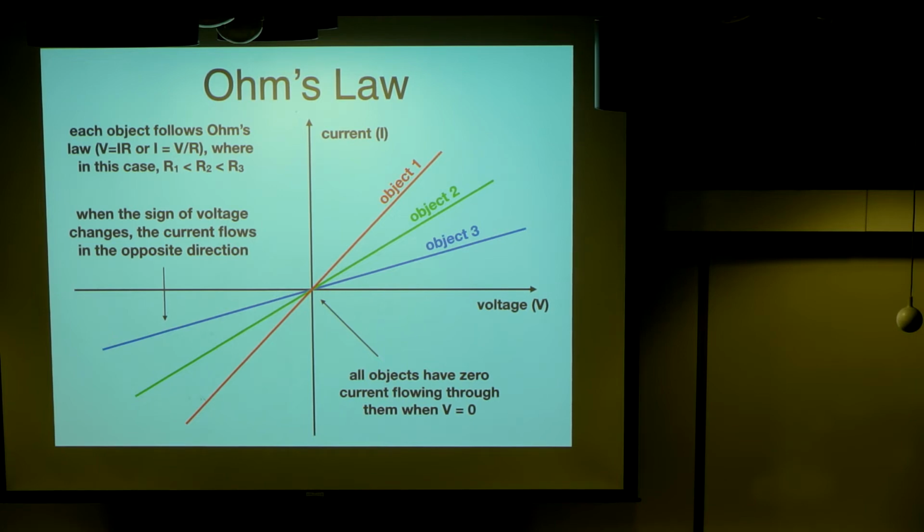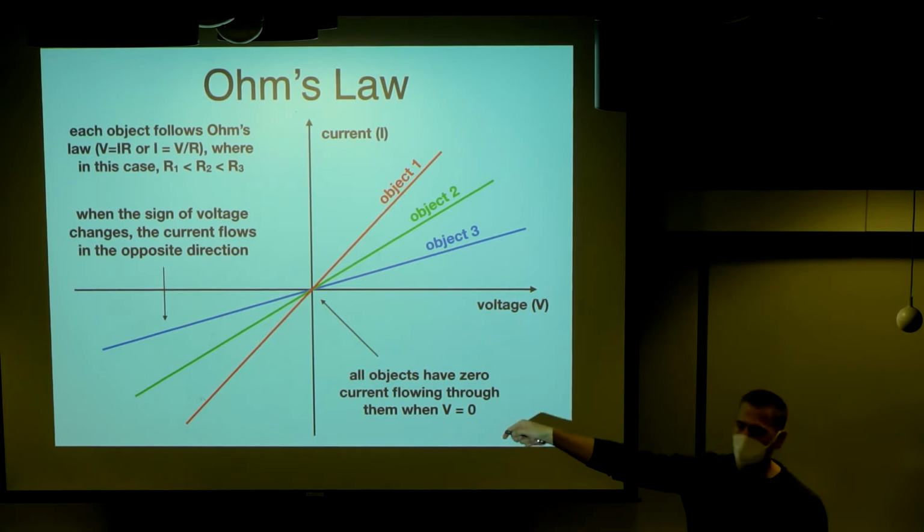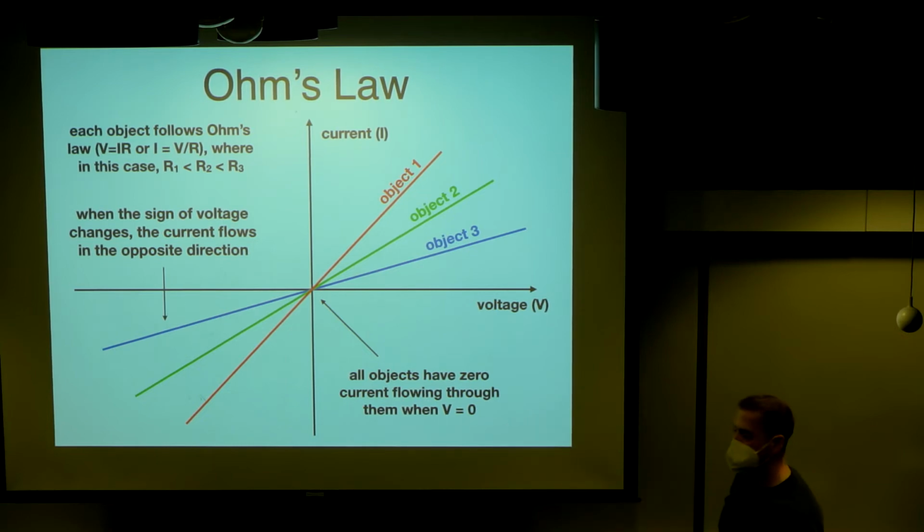And so what you're seeing here is different values of applied voltage. As we move along the horizontal axis this way, this corresponds to applying more and more voltage to our object in a certain direction. As we go to negative values, we're simply applying a voltage in the opposite direction, okay? But larger and larger values as we go out.